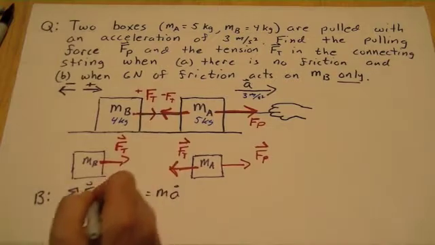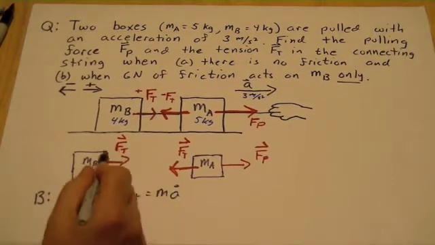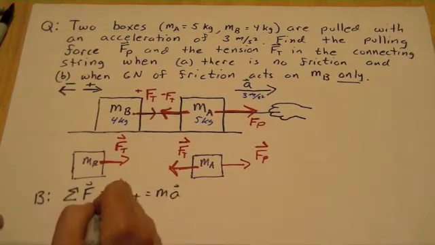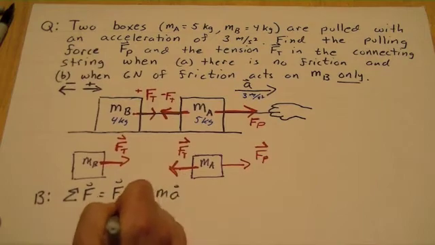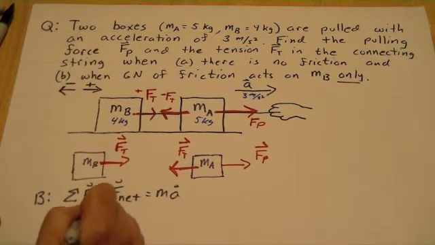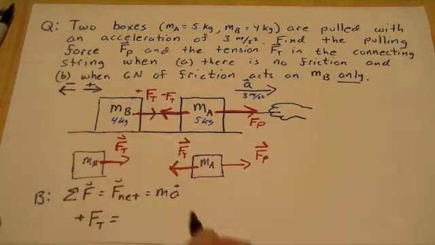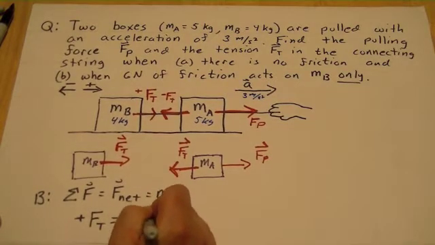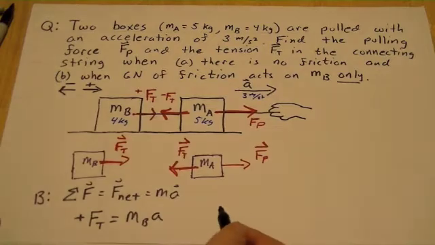So for box B, there's only one force acting on it in the horizontal direction, just Ft, the tension. So I say that Ft is equal to, and I'll put my positive sign in now, so I won't have to put the vector hat on, mass B times its acceleration.